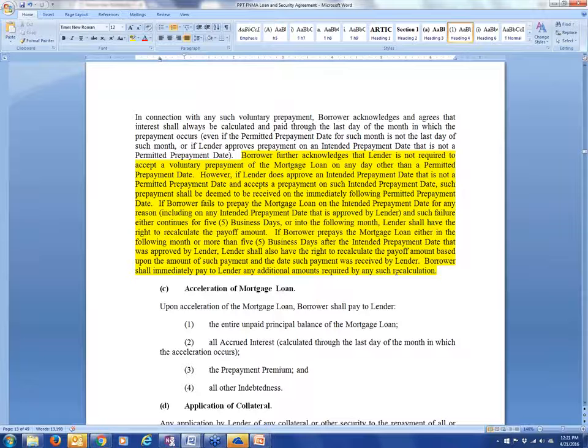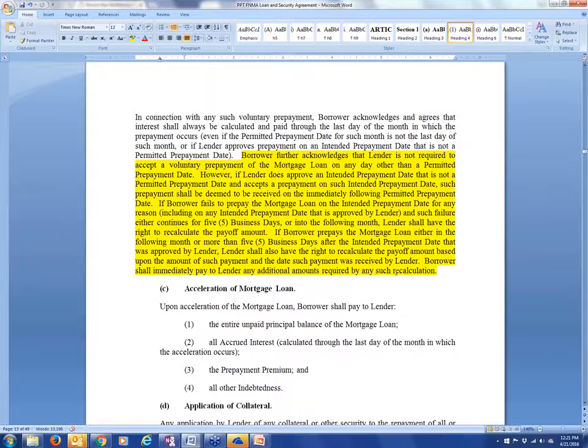It says it right here, within a certain number of days. And if they miss that day, if you can't close in that day, you've got to wait another month. So that's one of the problems with these types of loans. You can only close on certain days, and if you miss it, you've got to wait for the next month. Kind of a pain, but that's how these things operate.